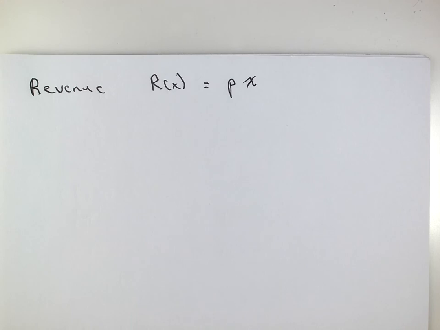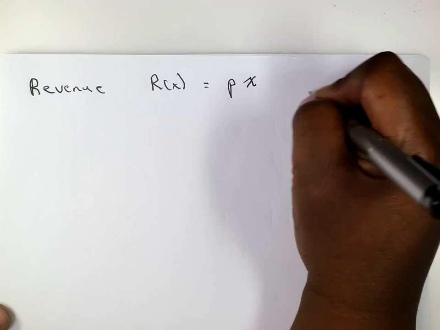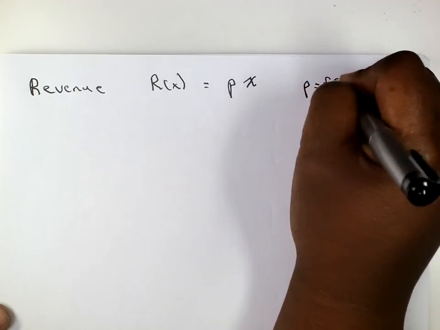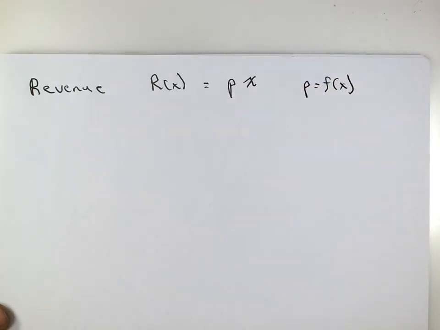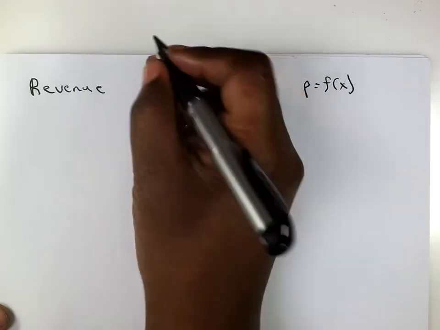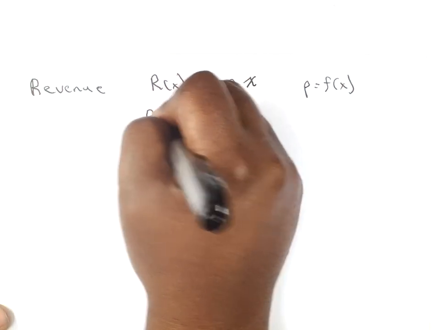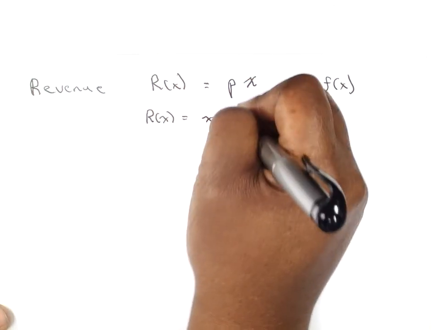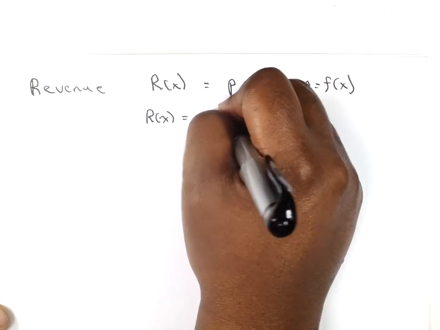If you have a big demand for your item, you can sell it for more money, but you don't want to outprice yourself. So usually the price is actually given by its own function, and again, it's based off the supply and demand. So R of x is just going to equal the quantity you sell, x, times that function.